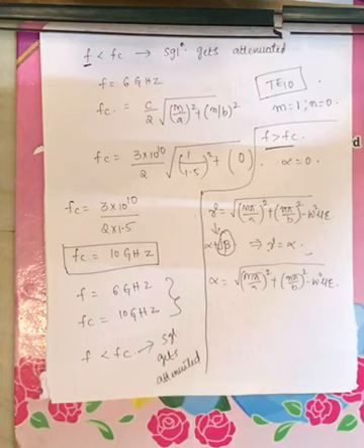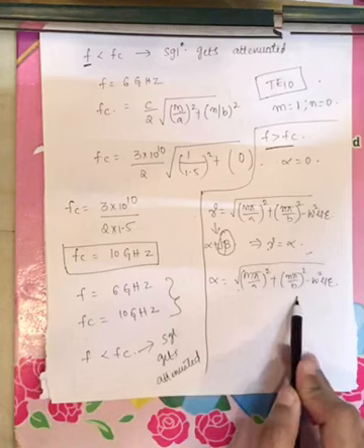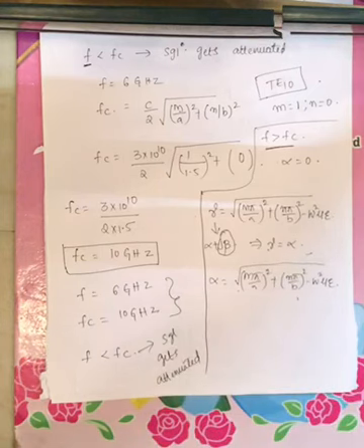For f greater than fc, alpha will be 0, right? Now here you have to substitute all the values and calculate alpha value. Just a minute. Now alpha is this expression, you won't have any phase term.